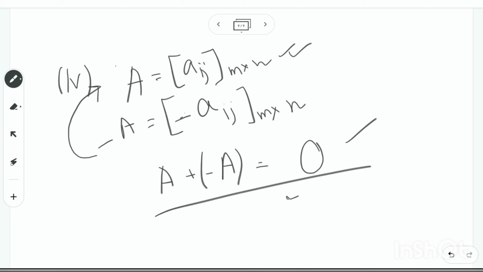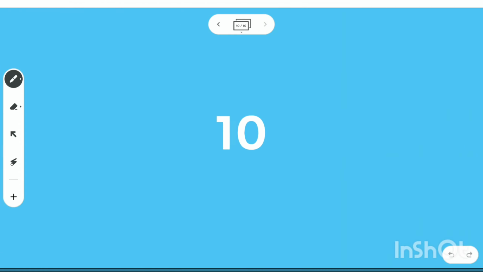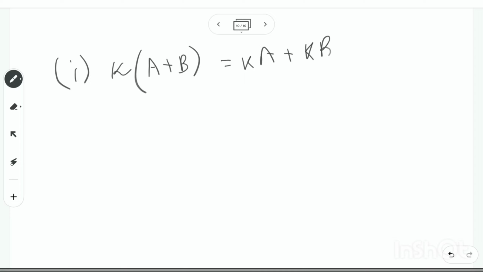Now next are the properties of scalar multiplication of a matrix. Number 1: K into A plus B gives KA plus KB.